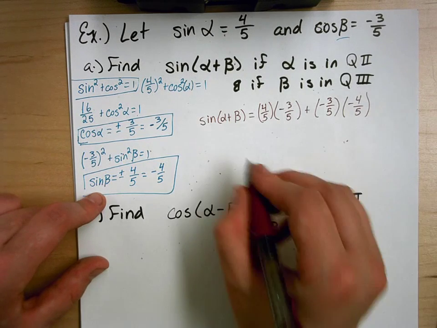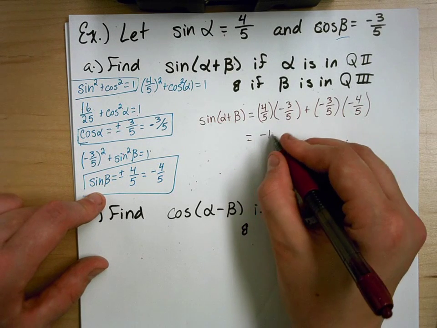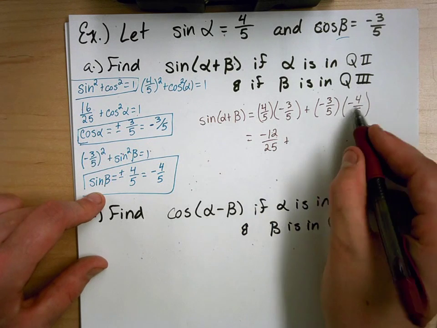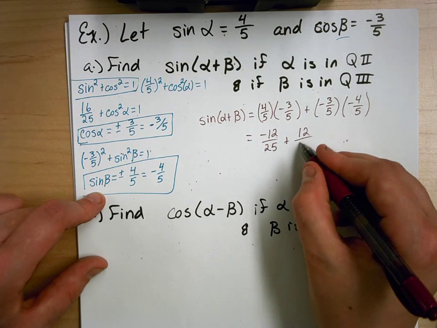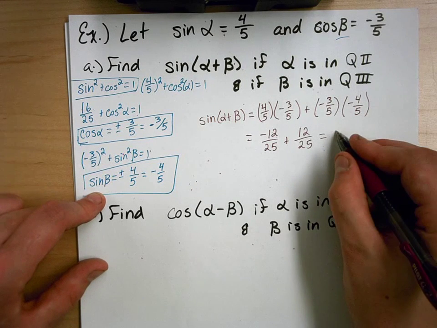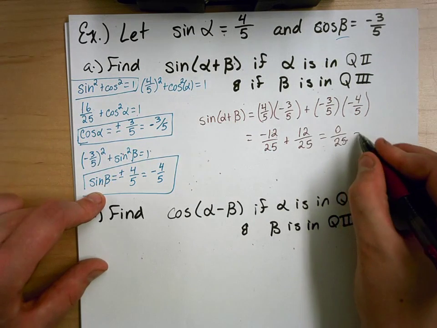All right, and then when I do the algebra on that, I'm going to get -12/25 plus +12/25, because a negative times a negative is a positive. When I work that out, I'm going to get 0/25, which just gives me 0.